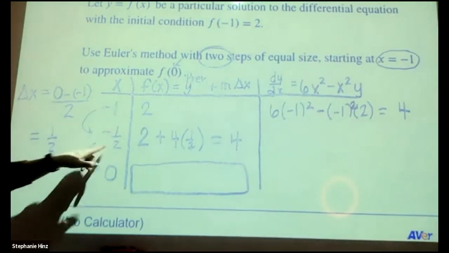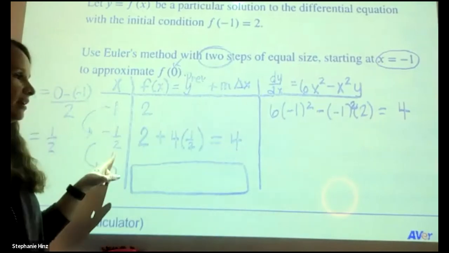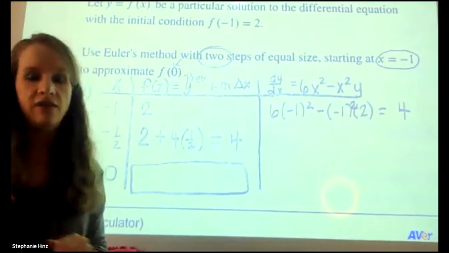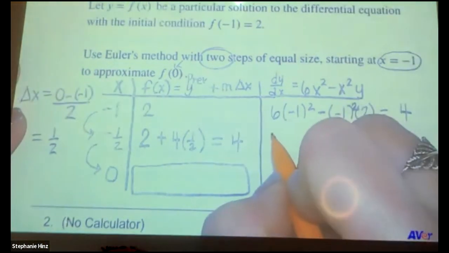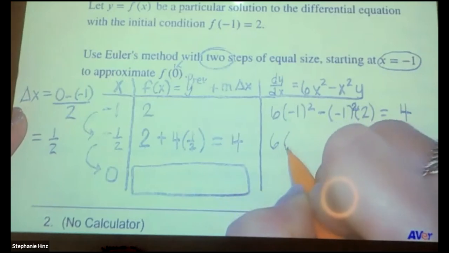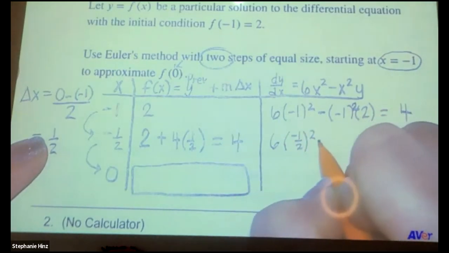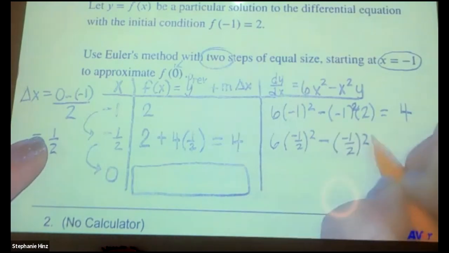All right, guys, this is a new ordered pair. -1/2, 4. I'm going to take my new ordered pair, -1/2, 4, and I'm going to plug it into and find my new slope. So my new slope is 6 times my x value, which is -1/2 squared, minus -1/2 squared times 4.